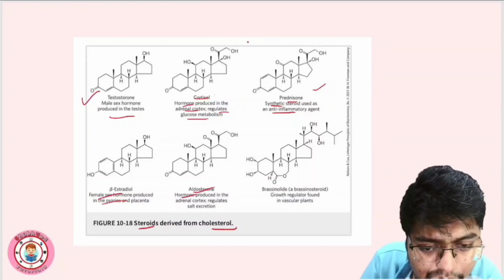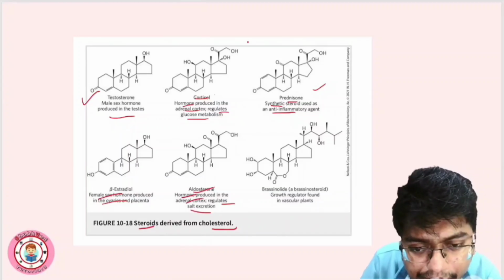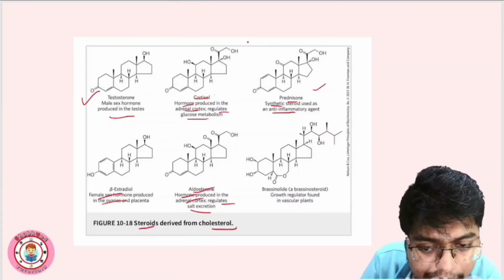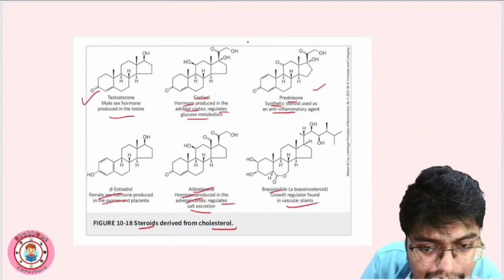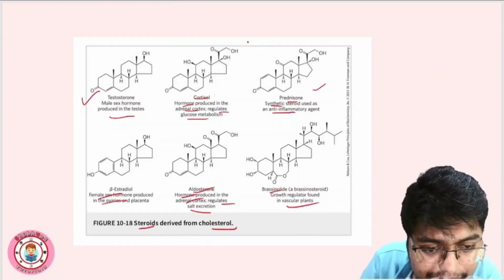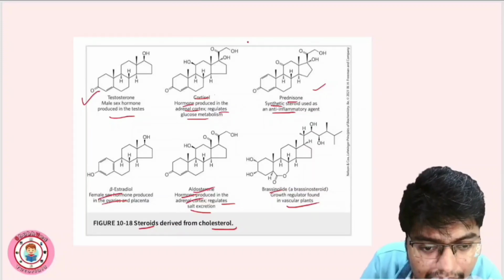Basically, this hormone is produced in the adrenal cortex. Regulation of salt excretion. Then this is brassinolide. This is in plants. Brassinosteroid, growth regulator found in vascular plants. So you can see a fused ring structure is present everywhere, which is common in steroids, right? Steroid fused ring structure present everywhere in these molecules. So these are derived from cholesterol.